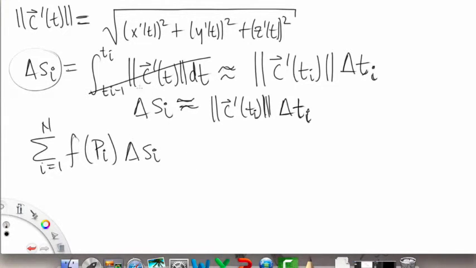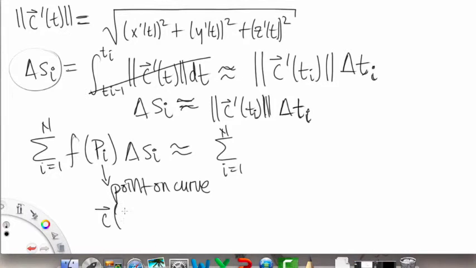Now I'm going to set it equal to something like this. p sub i is our point on a curve, but now our curve is parametrized, so now we have c of t. So now that it's c of t, we can word it like that.